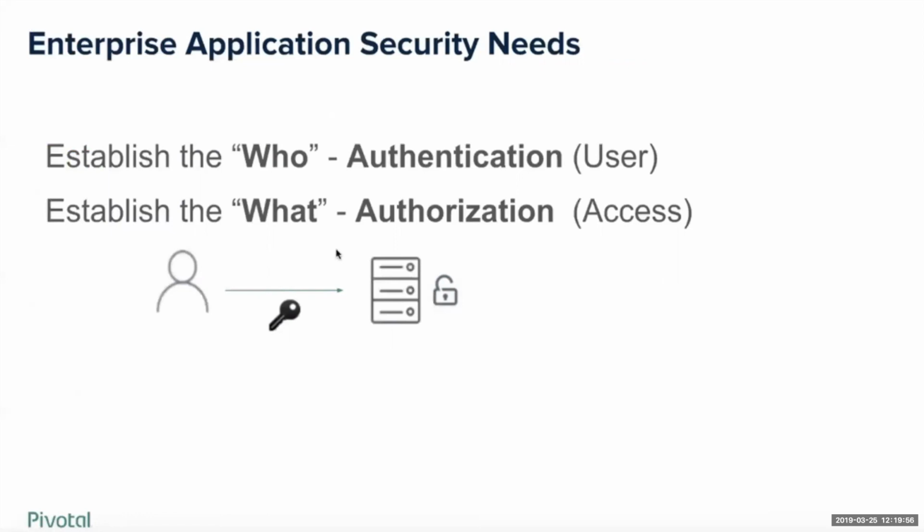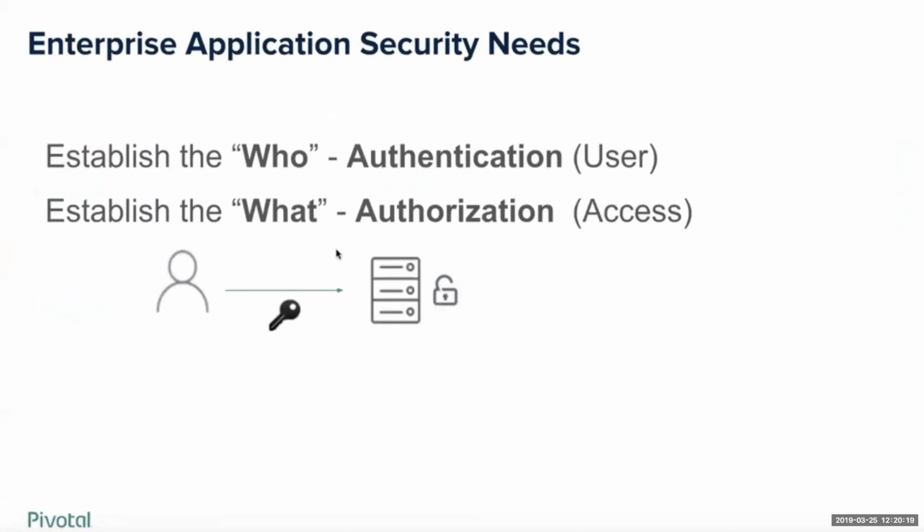So that user, whoever you have authenticated, needs access to a set of applications. Let's say a user needs only read access to a particular side of the application, and a different user needs write access to a different side of the application. So that's your authorization.